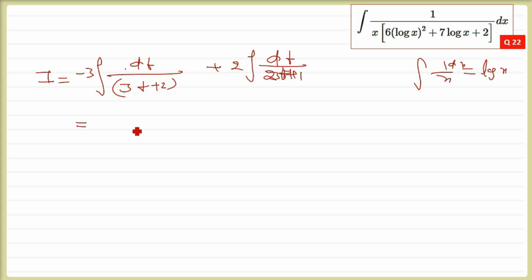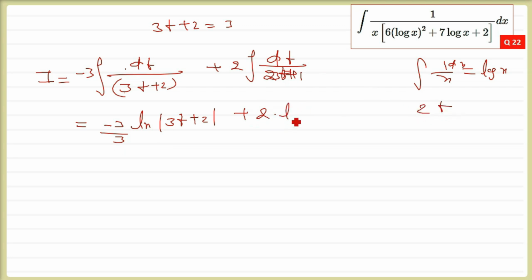So 3 will come, that will come in the denominator. Similarly, in the case of 2t + 1, it will be 2 log modulus of 2t + 1. 2t + 1 will be differentiated, 2 will come, that will go in the denominator. So just cancel these, 3 also gets cancelled.